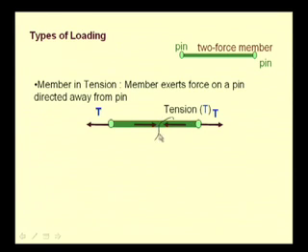In order to resist the deformation, the member develops an internal force which tries to keep the various parts of the member in equilibrium, and thereby these forces pull the member towards itself. That is, at the joint the internal force is acting away from the joint.